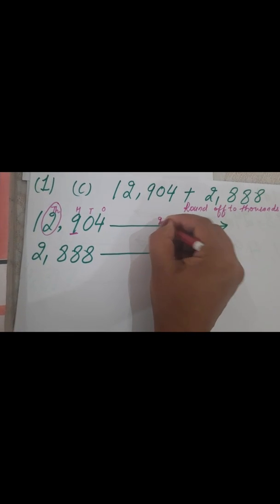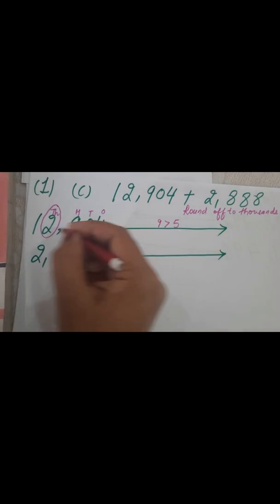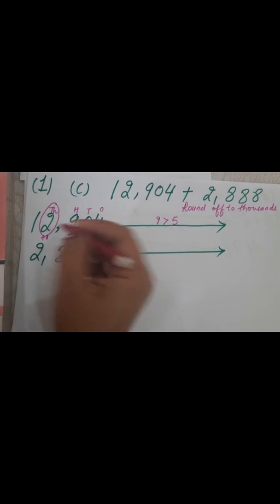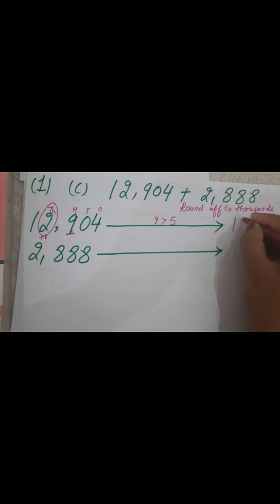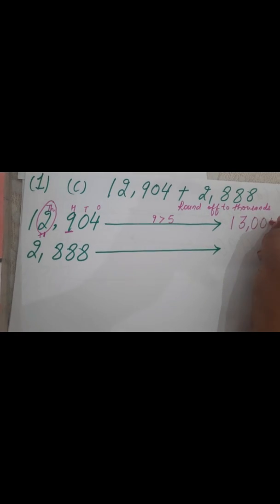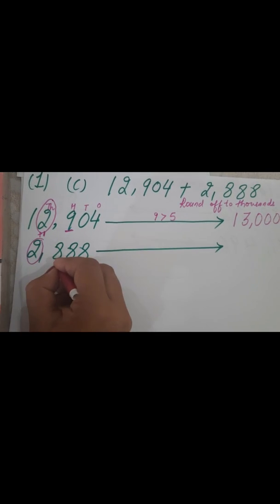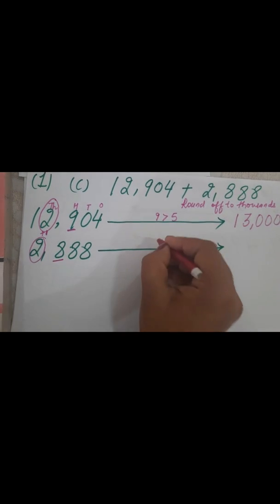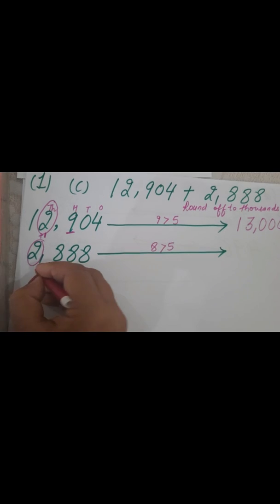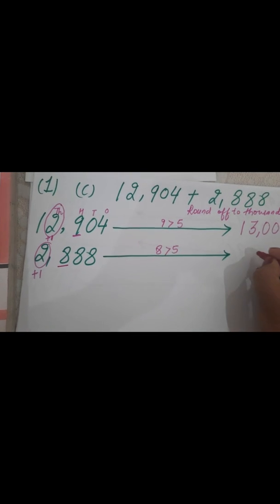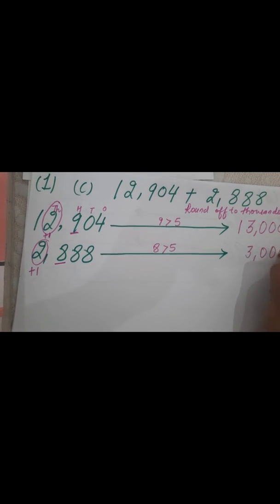This is 9, which is greater than 5, so I will add 1 to 2, so it becomes 13,000. And again, circle it, underline 8, and this 8 is greater than 5, so add plus 1 to this, it becomes 3000.